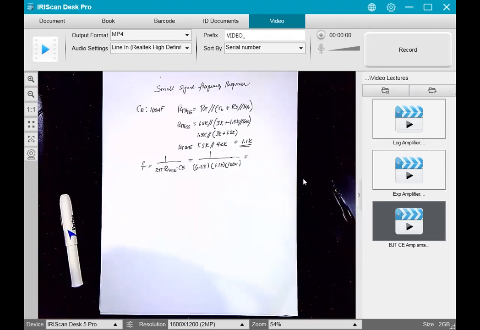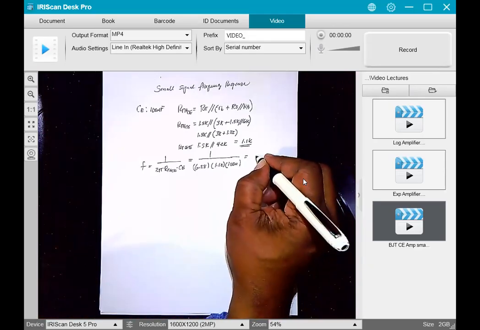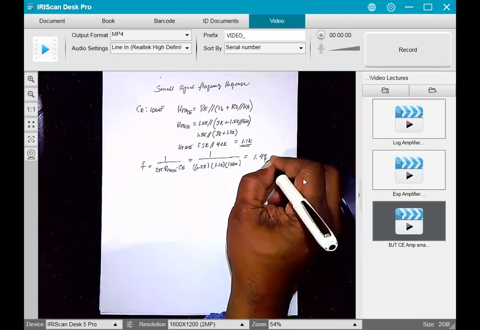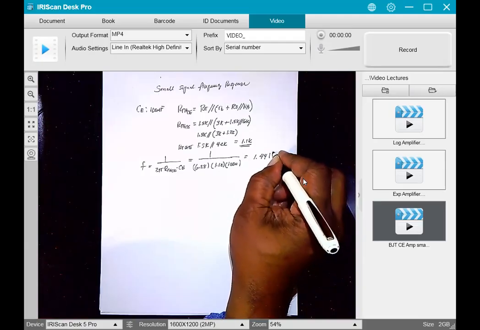The book might be wrong. I'm going to stick with my numbers. So let's do this again. That's 6.28 enter, 1.1, 6.3 times 100. Yep, I'm getting 1.44 hertz.